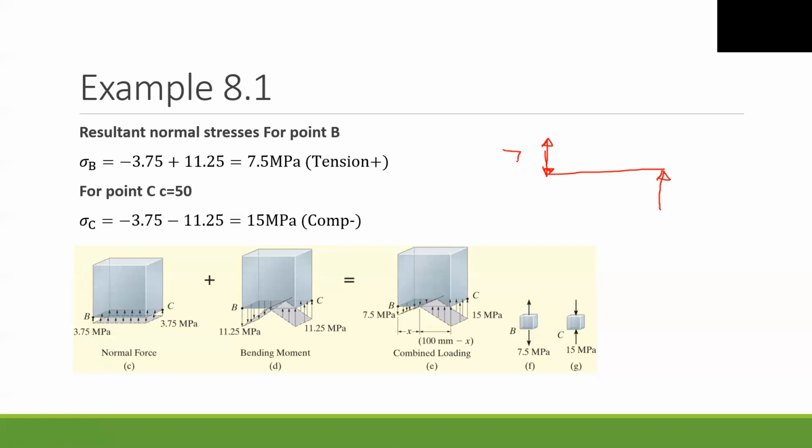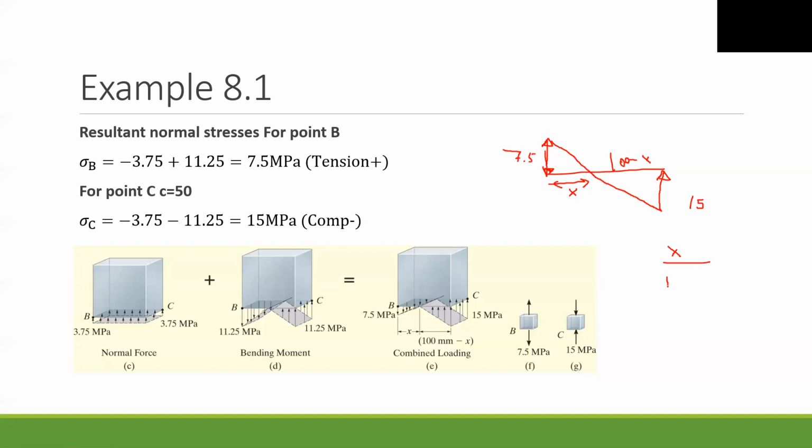Therefore, I want to write 7.5 here, and this is 15. This is the relationship, I set the linear relationship. This is x, and this is 100 minus x. So how can we find x?